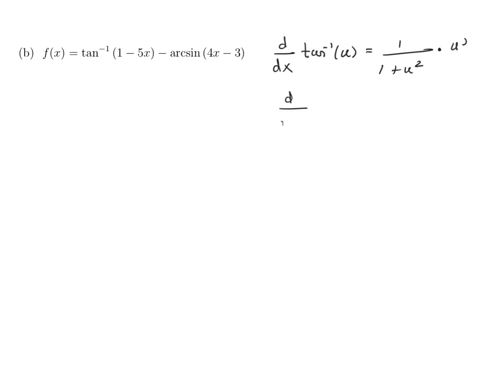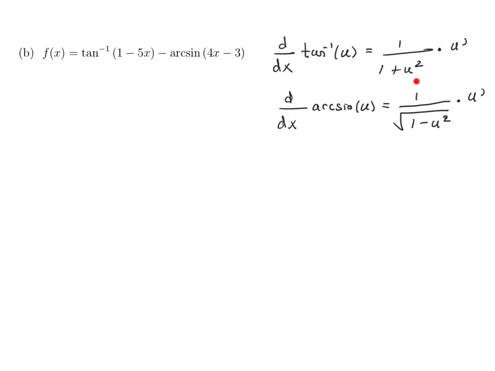There's also a rule for the derivative of sine inverse, which you can write as arcsine. The rule for this one is kind of similar. It's 1 over the square root of 1 minus u squared. Now again, because something in here might not just be x, by the chain rule you have to multiply by the derivative of u, which I'll express like that.